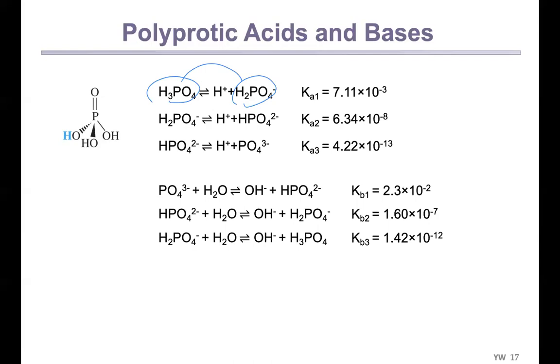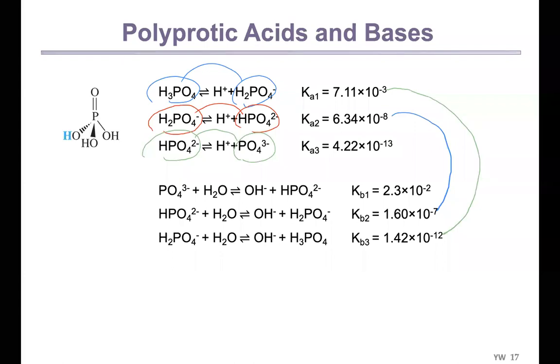The H2PO4 minus and the HPO4 2 minus. This one and this one, they're also conjugate. And also the last one without H plus. Yes. So we actually have 3 pairs of conjugate acid and base, okay? And at the same time, if you're looking for Ka and Kb, you can see that these 2 are a pair, and these 2 are a pair, and these 2, okay?